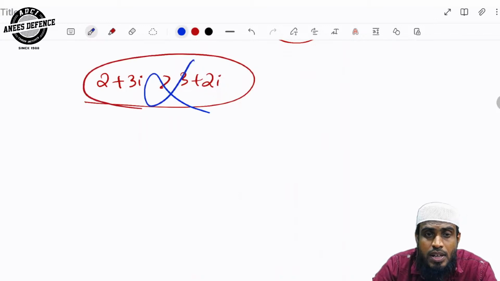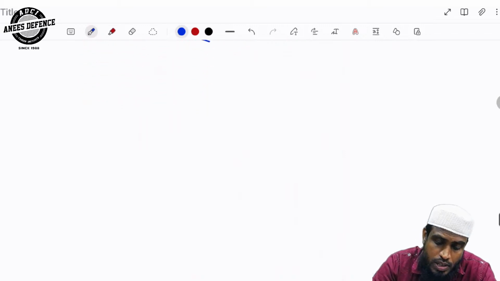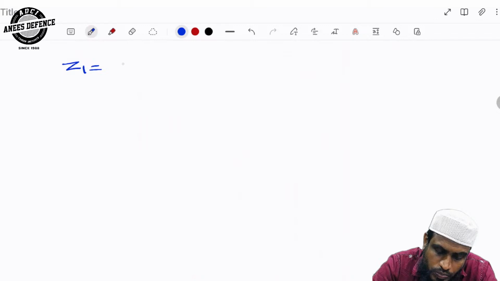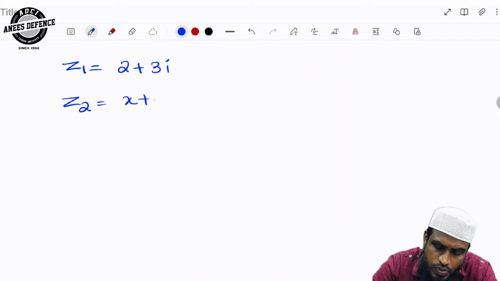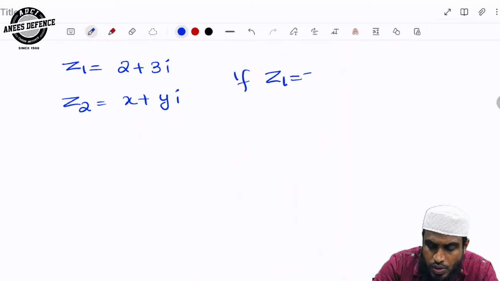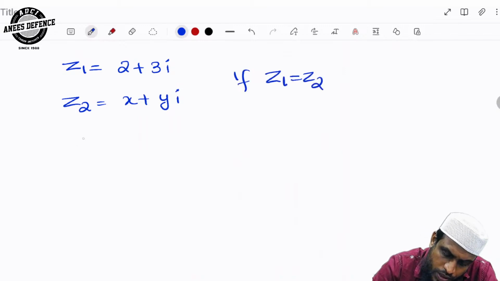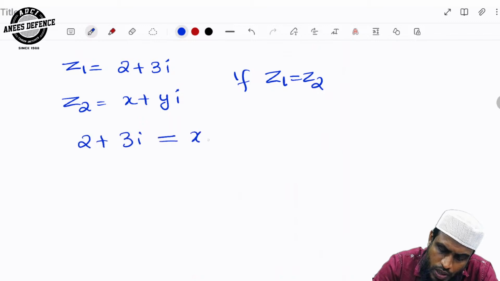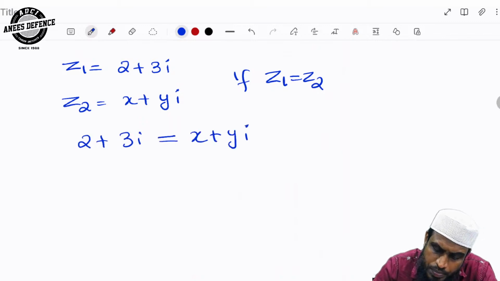But we can say whether two complex numbers are equal. For example, z1 equal to 2 plus 3i, z2 equal to x plus yi. If z1 equal to z2, then you can write 2 plus 3i equal to x plus yi.